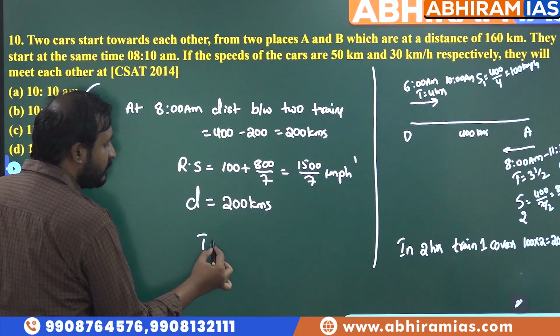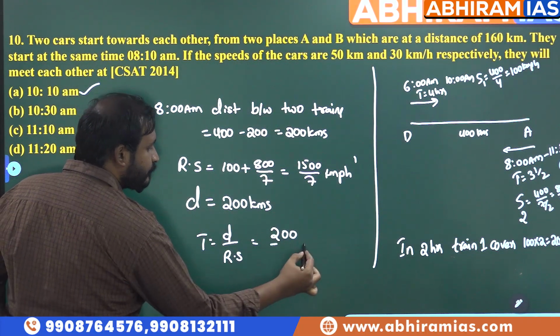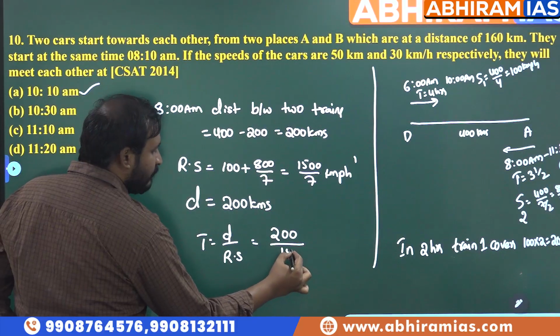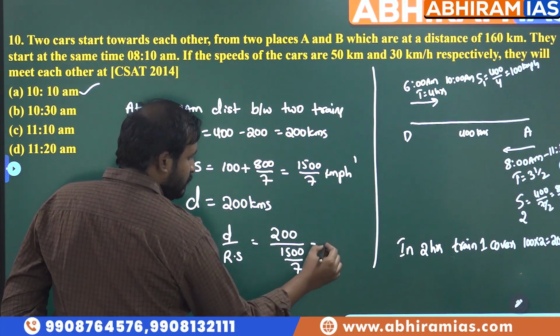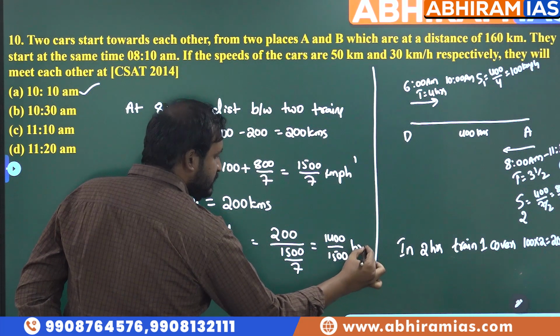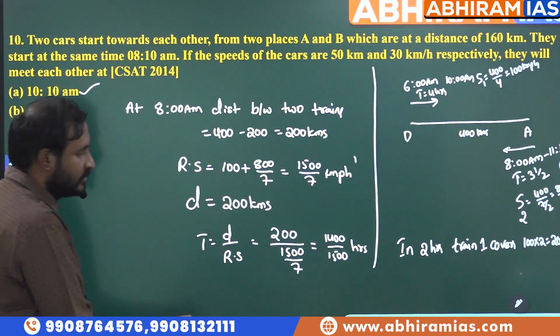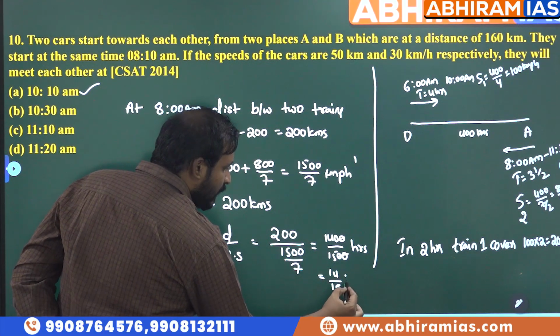Now the time formula will become distance by relative speed, that is 200 by 1500 by 7. So this will become what, students? 1400 by 1500. This is in hours, because distance is in kilometers. 2 zeros get cancelled. 14 by 15 hours.